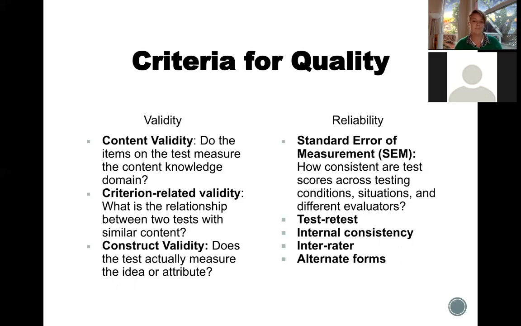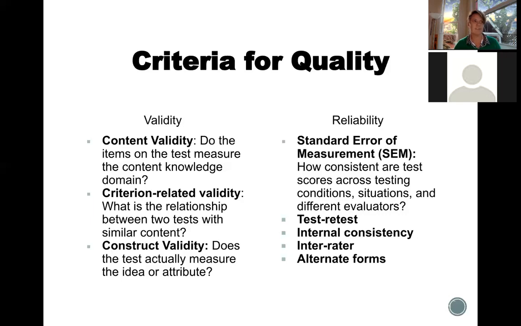So in terms of content validity, you're asking yourself, do the items on the test measure the content knowledge domain? Do these items actually match? So you were looking at a test about math, and then you came across a vocabulary question. Was that actually measuring math ability?